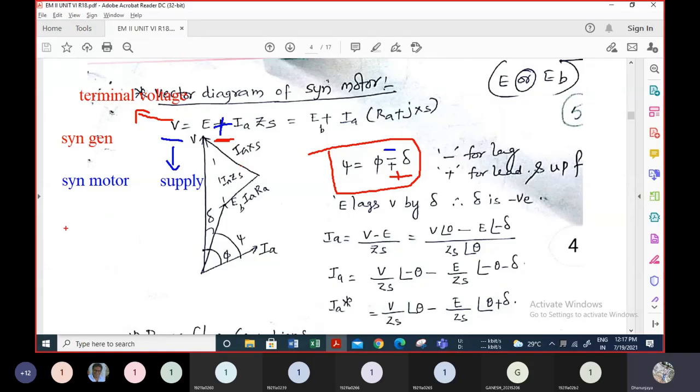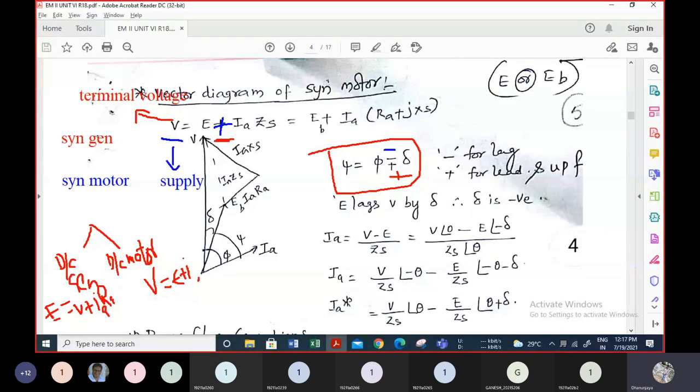It's like the DC machine, DC generator and DC motor. We know that for the DC generator, E equal to V plus IaRa, and in the DC motor, V equal to E plus IaRa.